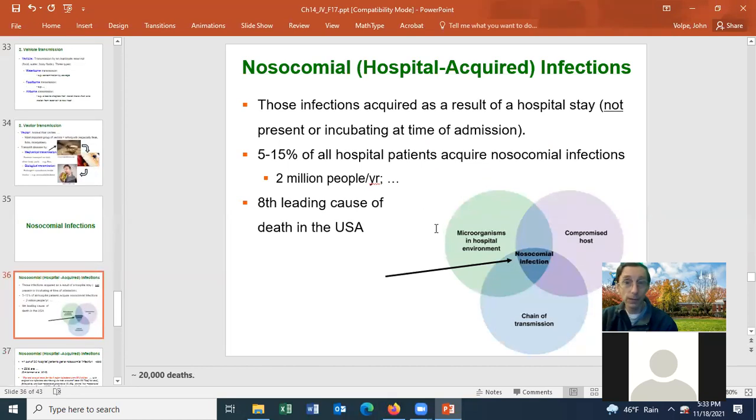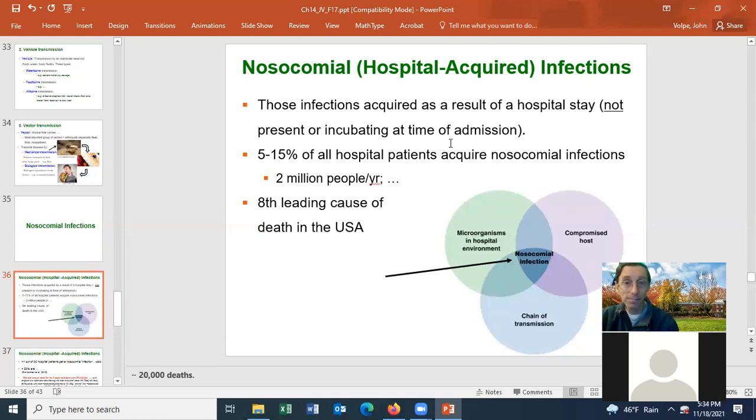A nosocomial or hospital-acquired infection is an infection acquired by a patient as a result of a hospital stay, meaning the patient did not have the disease-causing organisms before they came into the hospital-like setting, and then they got the disease-causing organism in the hospital-like setting. When I'm saying hospital-like, it could be a hospital, or it could be a clinic, or a nursing home, something like that.